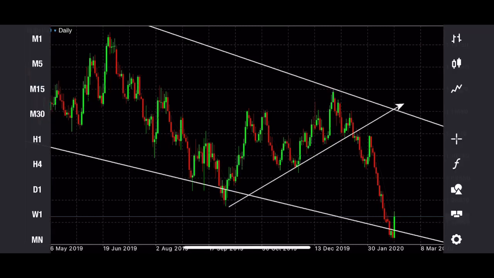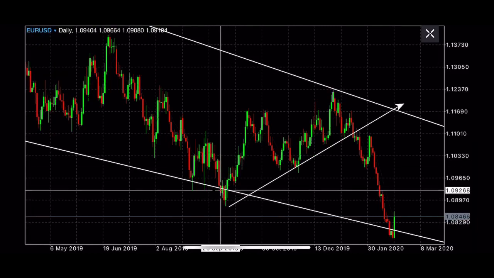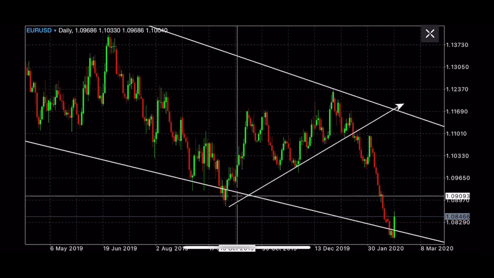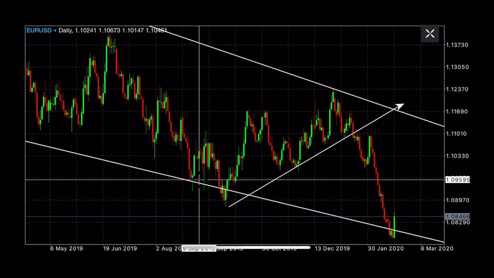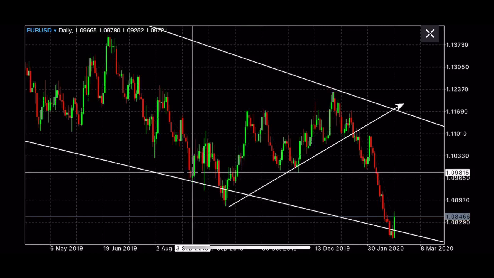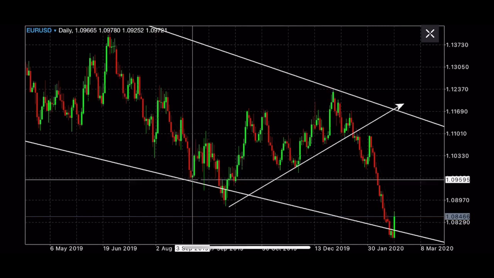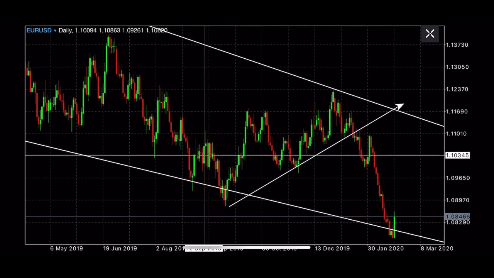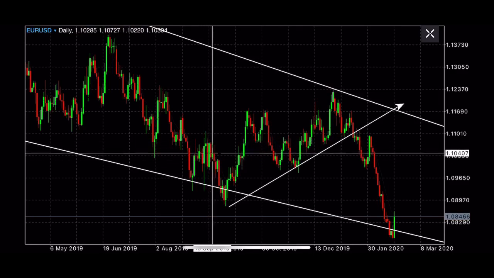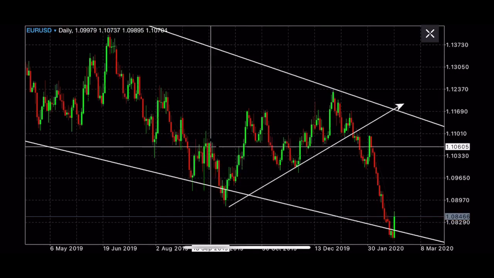As it was going up from this point, we first made contact with the bottom trend line here, and then it went up, but it still made a lower high. So there was still momentum to push the price down.